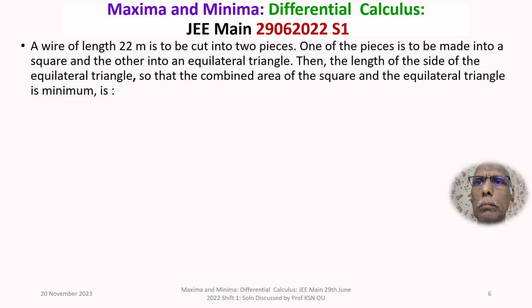We now discuss the solution of the problem in detail. We are given a wire of length 22 meters and it is cut into two pieces. One of the pieces is made into a square and the other into an equilateral triangle.